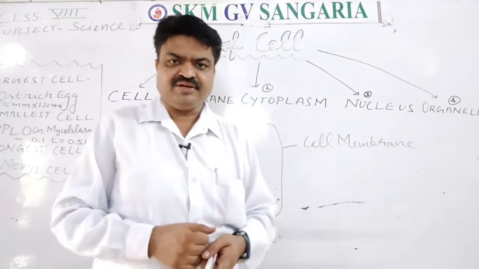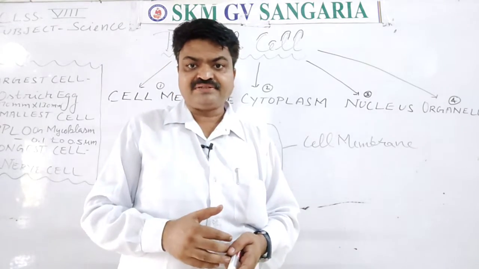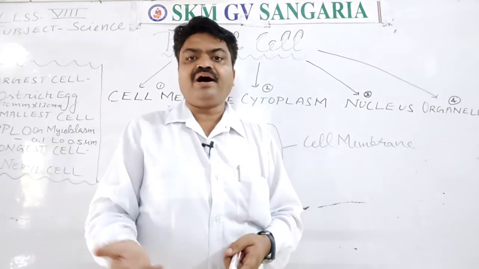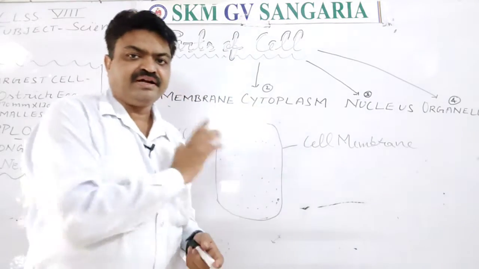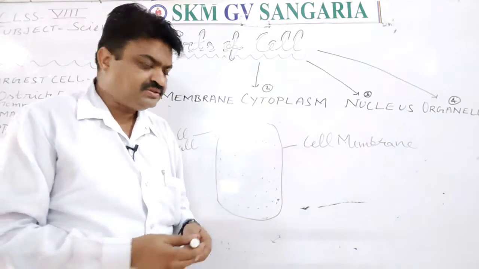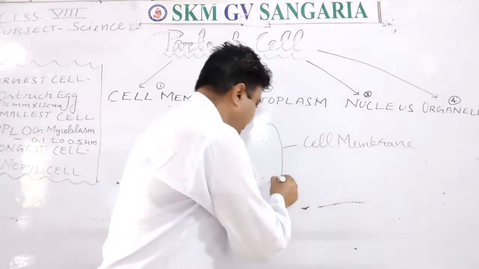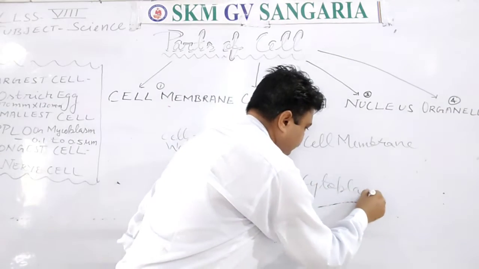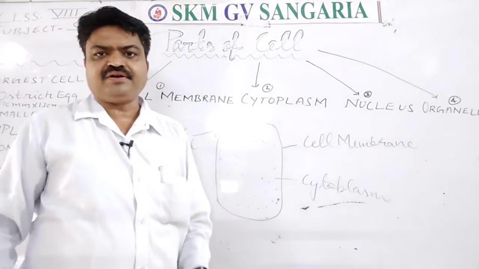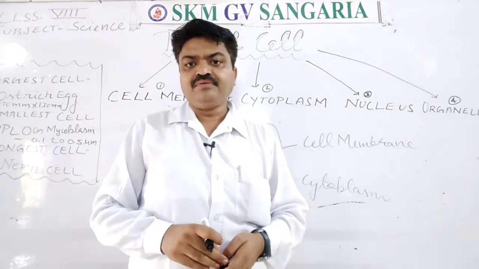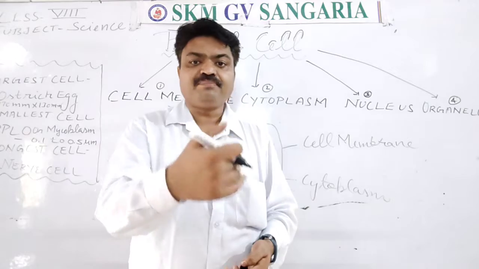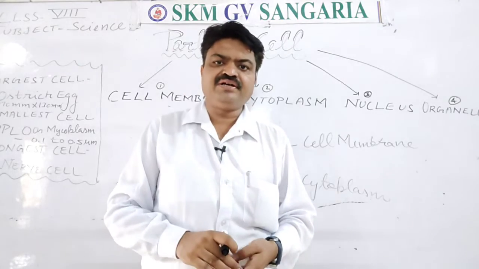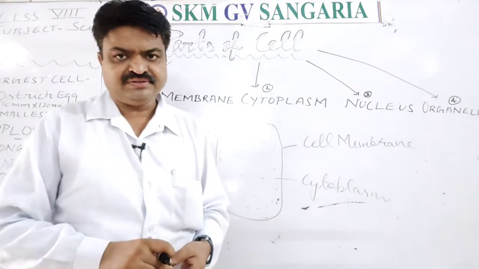It is water, students. And it provides the medium to all other parts inside the cell. So this jelly-like fluid is known as cytoplasm, and it provides the medium to other parts of the cell like the nucleus and the cell organelles.